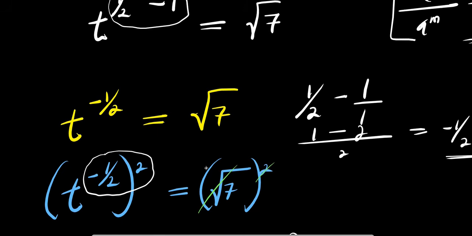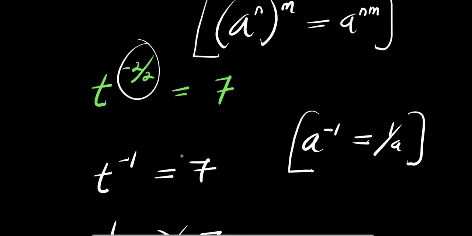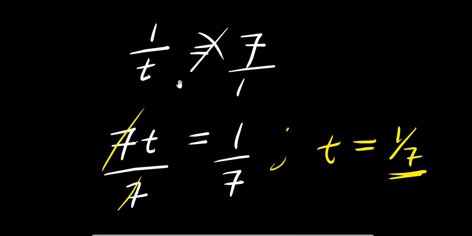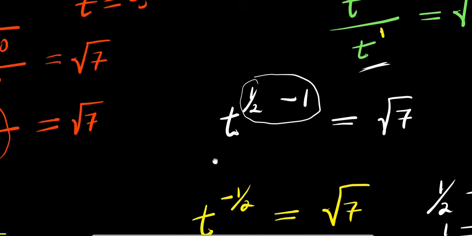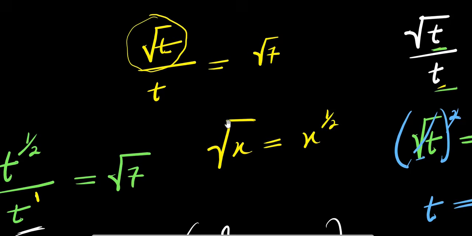We take the squares of both sides of this equation, then we have t power negative 1 equals 7. From here, we cross multiply, then we have 7t equals 1, and we divide by 7 to have our t.